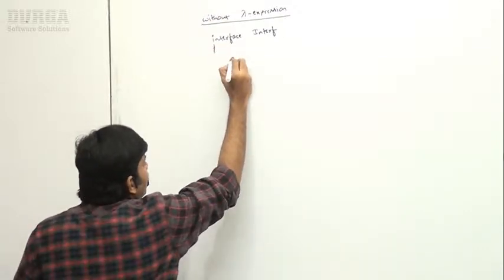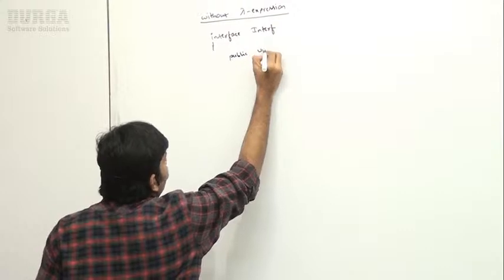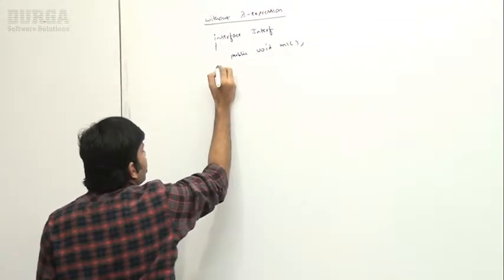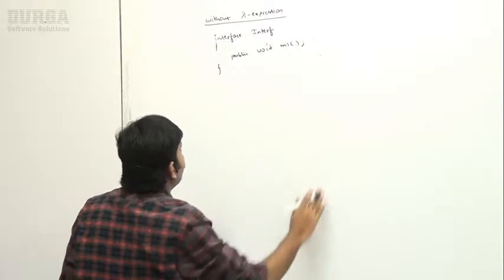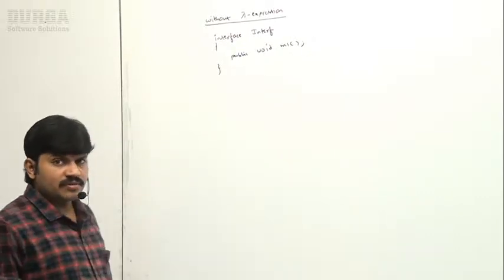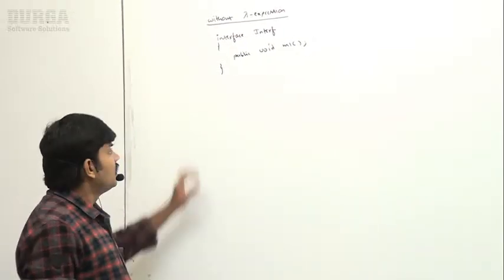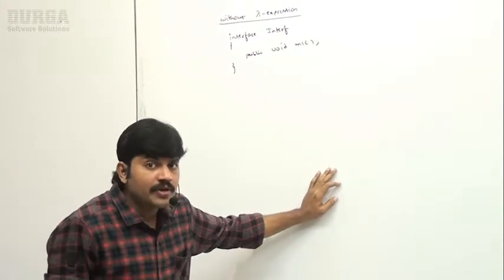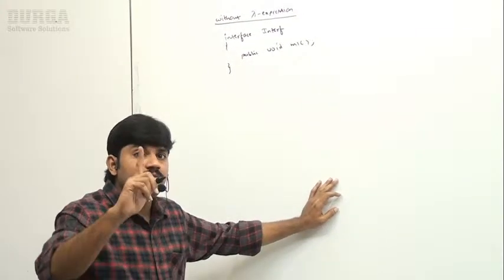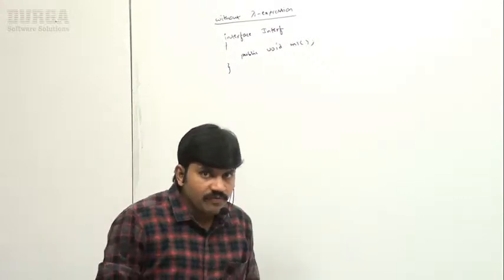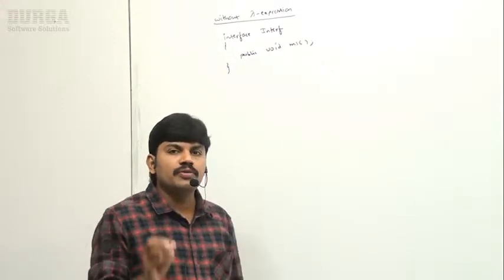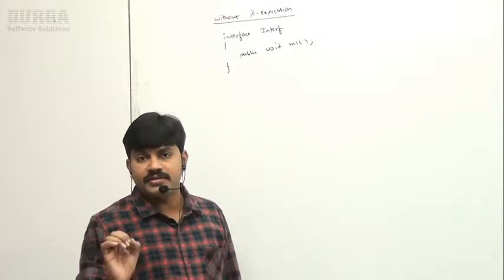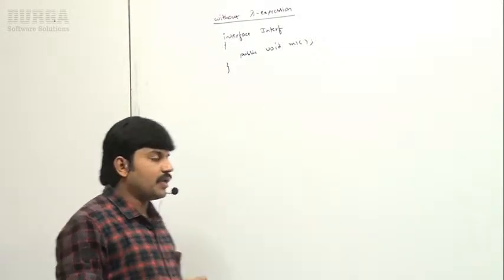Just observe, I have one method, public void m1. Of course, as per our knowledge, is it a functional interface or not? Yes. If the interface contains exactly one abstract method, it's always a functional interface. Whether we use the @FunctionalInterface annotation or not, we are not required to worry. It's always a functional interface only.